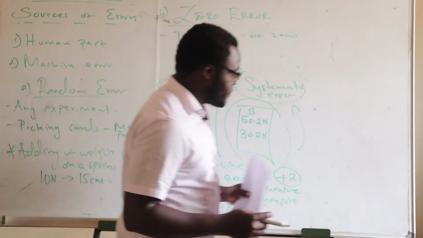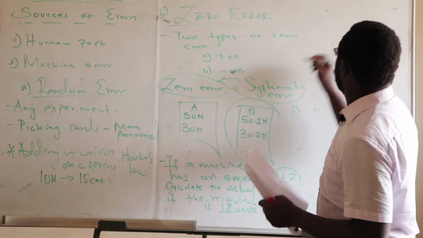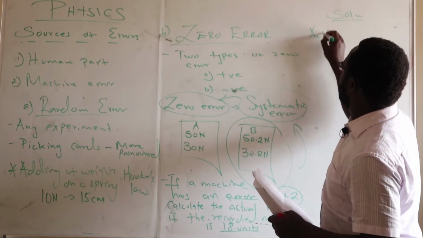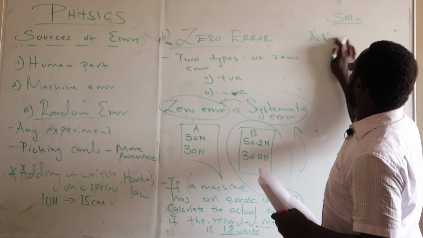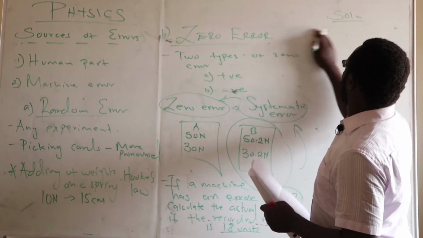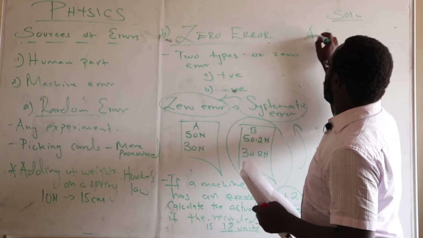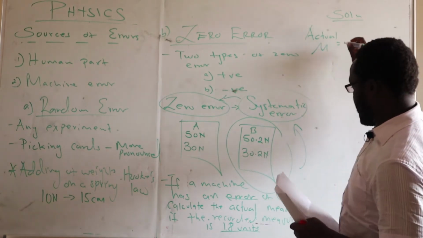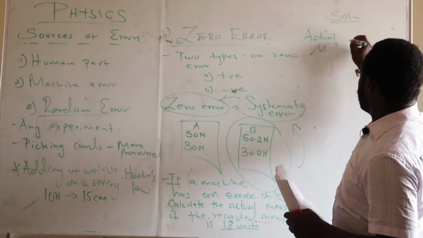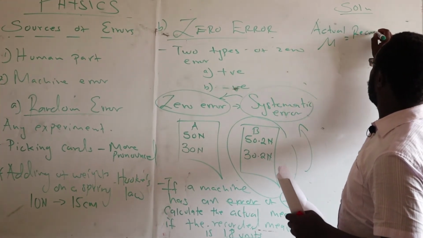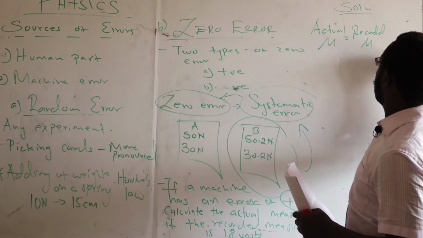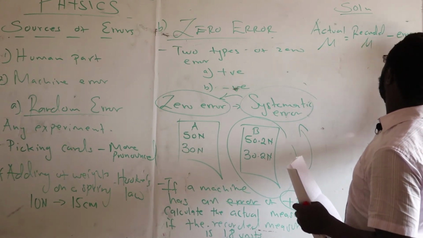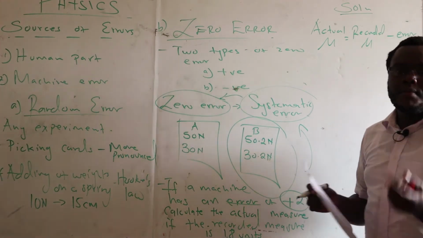So in the solution that I'm going to solve here, we say that the actual measure is equal to the recorded measure minus the error. The recorded measure, you eliminate the error.